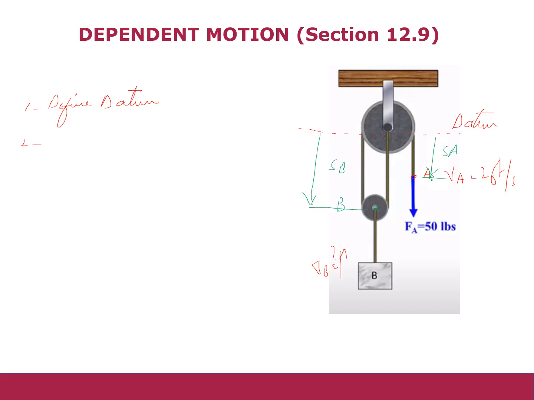Now we have to calculate the total length of the... so define datum, define position, right? Number three, write the equation for the total length of the segment of the cable.